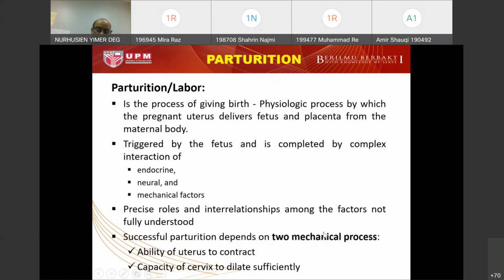The first is the contractile activity of the uterus to push the fetus to the birth canal. The second important mechanical factor is the relaxation of the cervical canal, one of the main parts of the birth canal. The cervix needs to relax and open up to allow the fetus to be delivered out. These are the two mechanical factors, along with the endocrine and neural functions, needed during parturition.